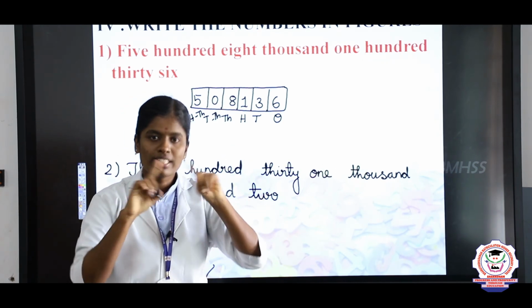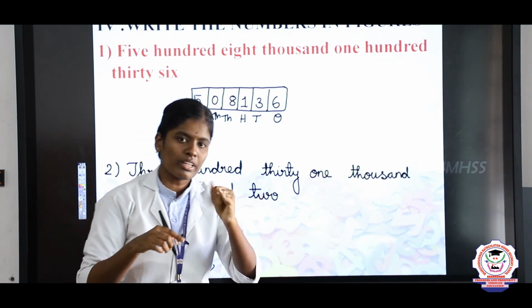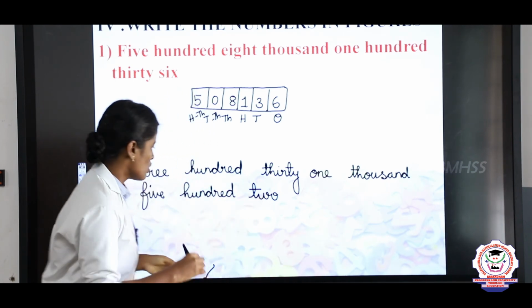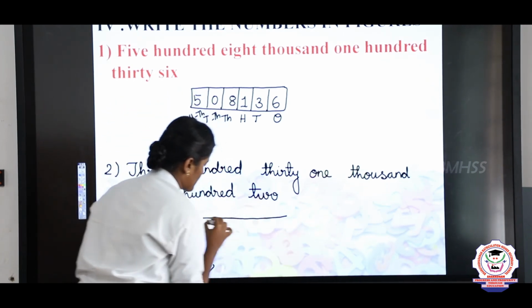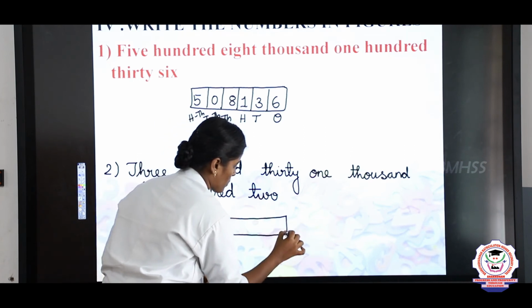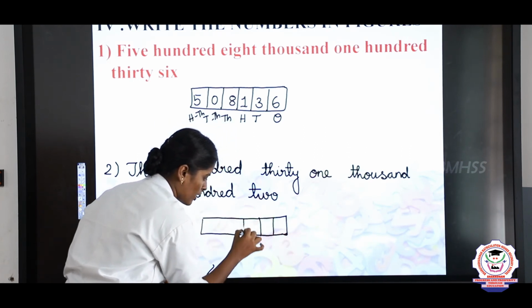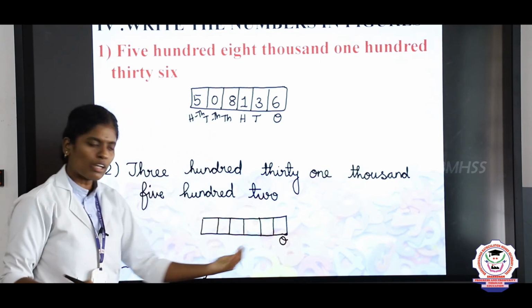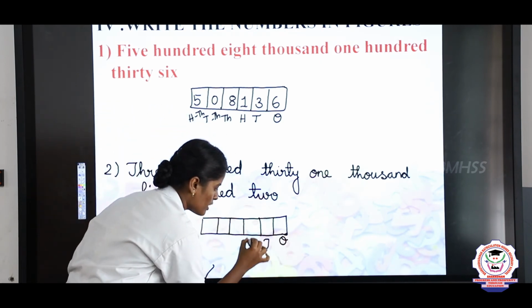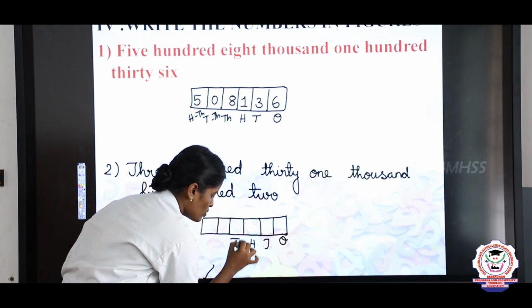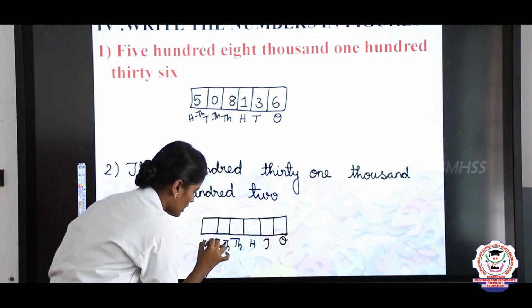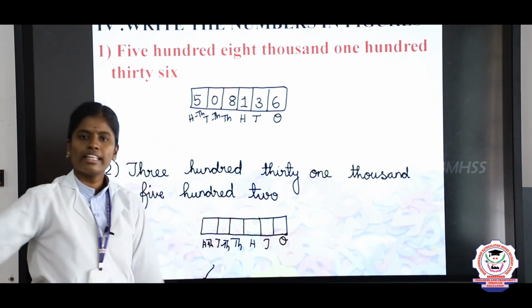Totally you are going to put 6 boxes, that is 6 subperiods: ones, tens, hundreds, thousands, ten thousands, hundred thousands. So write the place values: ones, tens, hundreds, thousands, ten thousands and finally hundred thousands.